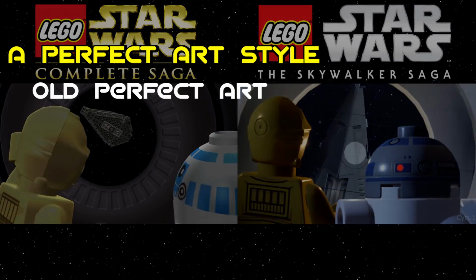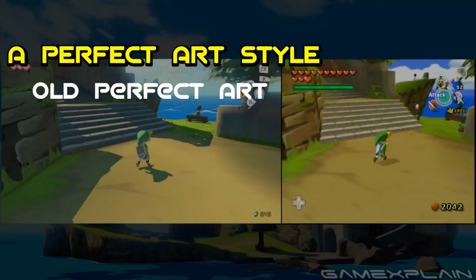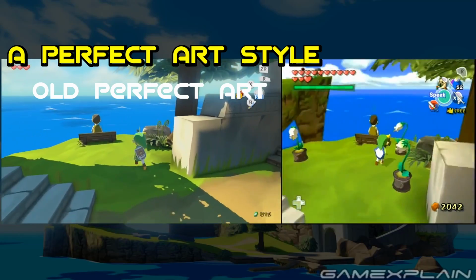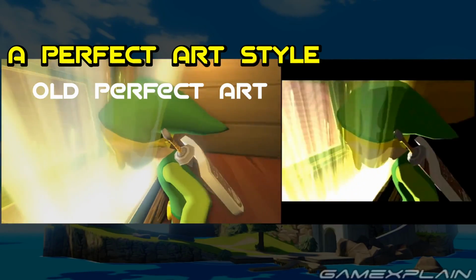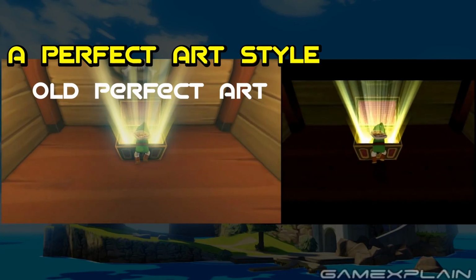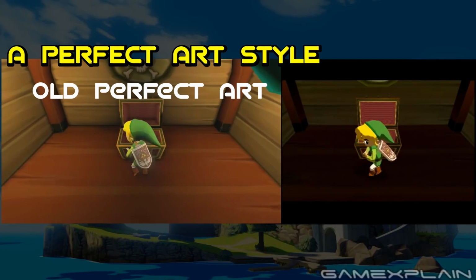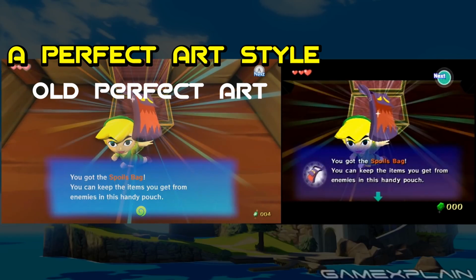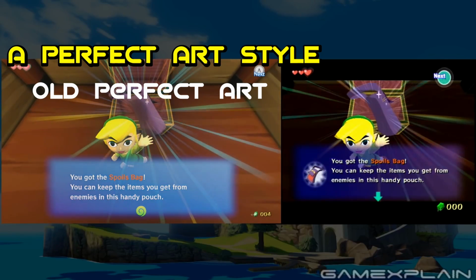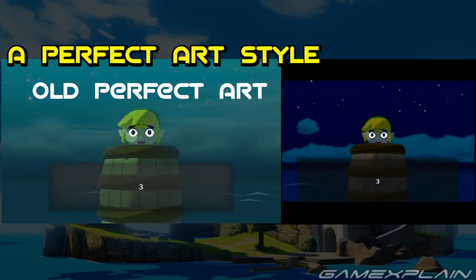And if for example you compare the original Wind Waker with the HD version of the game, you can clearly see again that it's simply benefiting from a high resolution display image, and, well, slightly higher resolution textures, and you can also tell a little bit of a difference in lighting. But apart from that, the game pretty much looked the same.